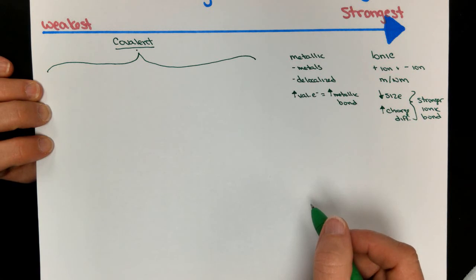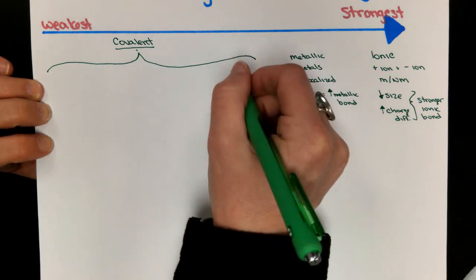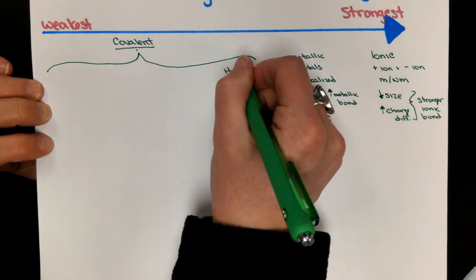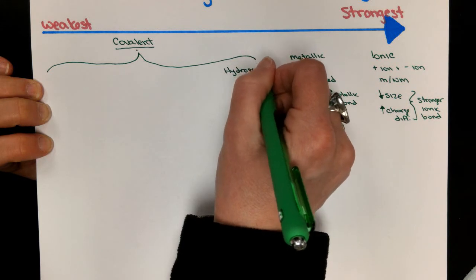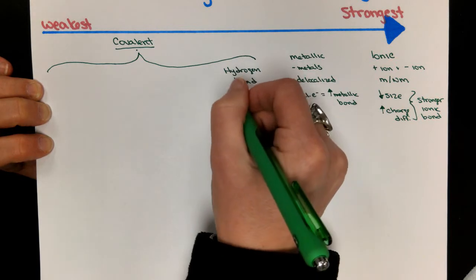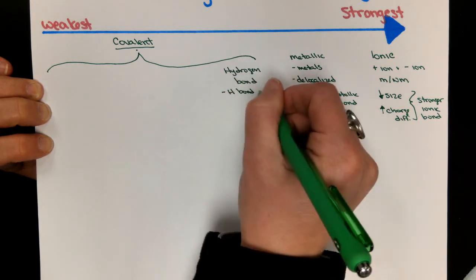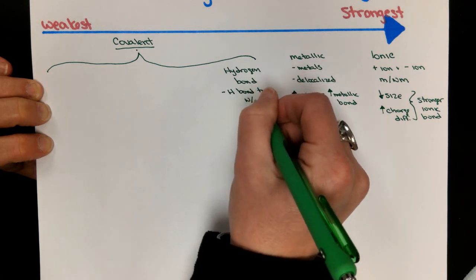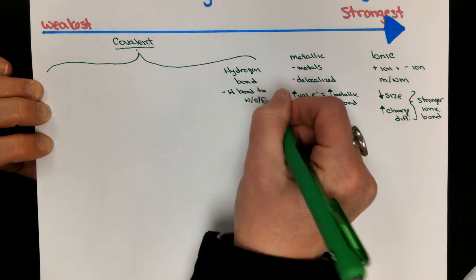So the strongest covalent IMF force was the hydrogen bond. So remember, this is a strong dipole-dipole interaction that occurs when hydrogen bonds to nitrogen, oxygen, or fluorine.